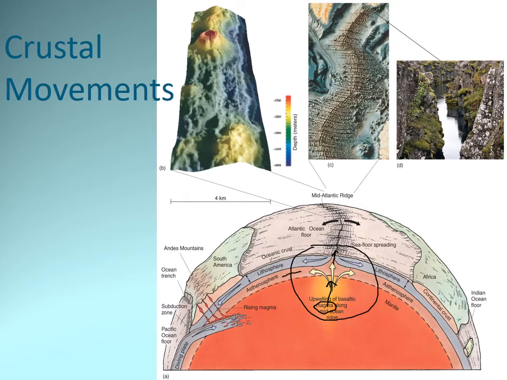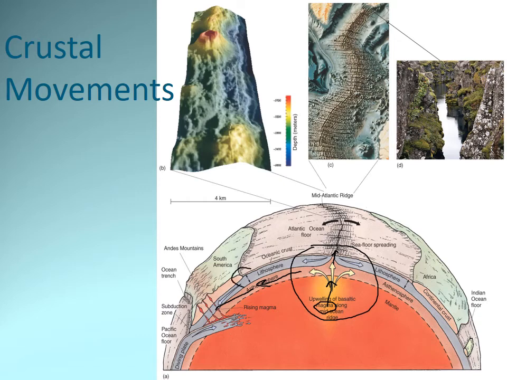Now, this crust has to go somewhere. It's being pushed. Eventually, for some reason or another, it gets different densities. Usually, a piece of this will start to dive underneath continental crust because oceanic crust is so much more dense than continental crust.